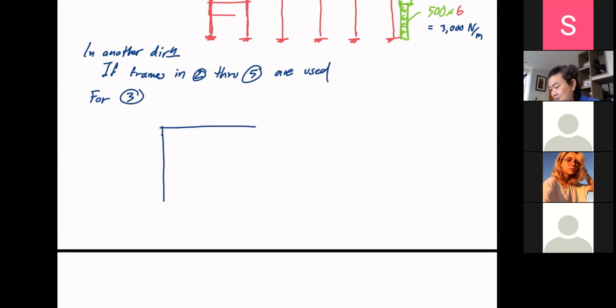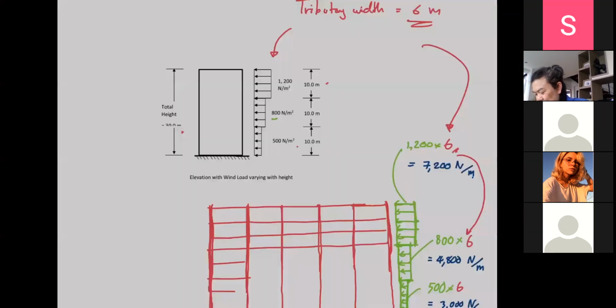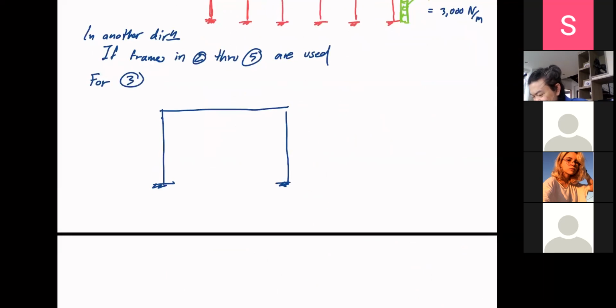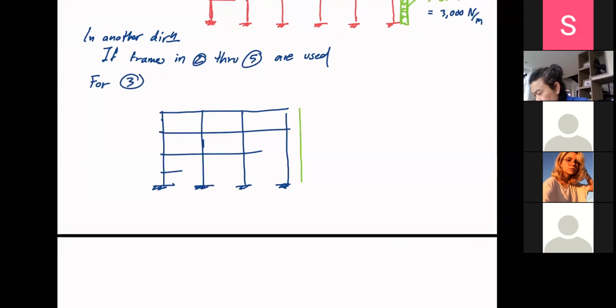Okay, let's skip the drawing part. I wouldn't mind if you cannot draw this properly, but anyway, try to be professional, okay? Now you're going to have, say, 3 wind loads again.